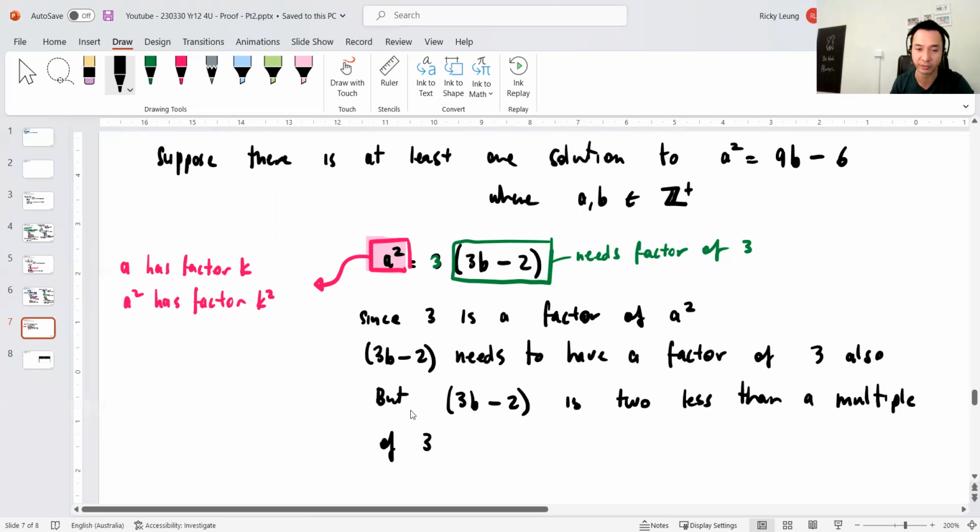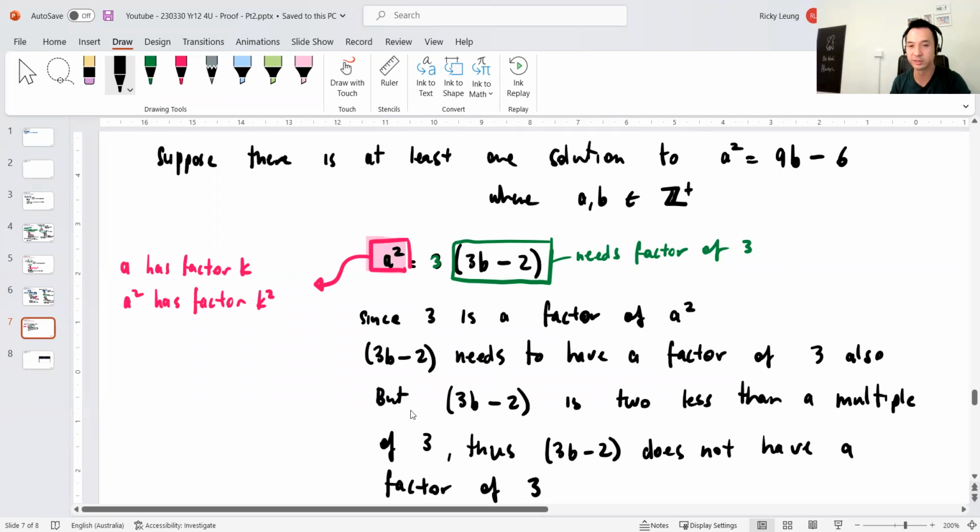It's not going to be divisible by 3. Thus, 3b minus 2 does not have a factor of 3. So does that make sense?